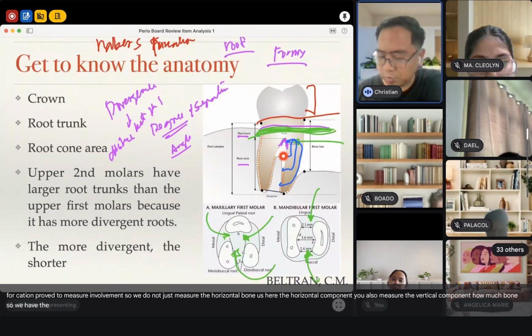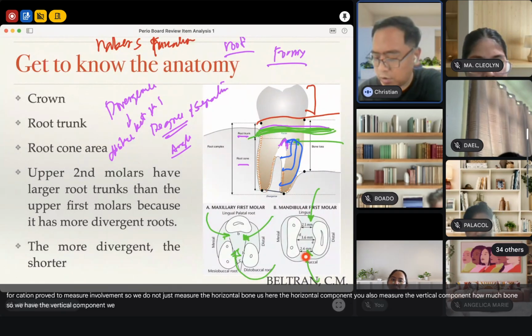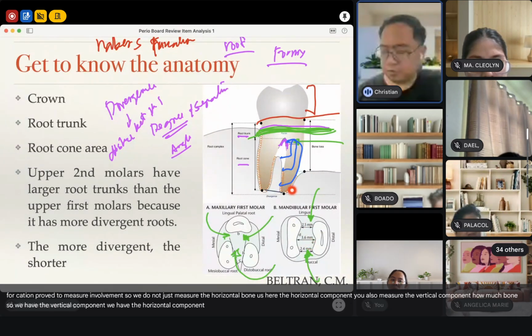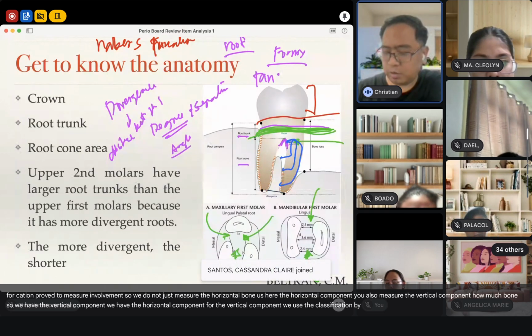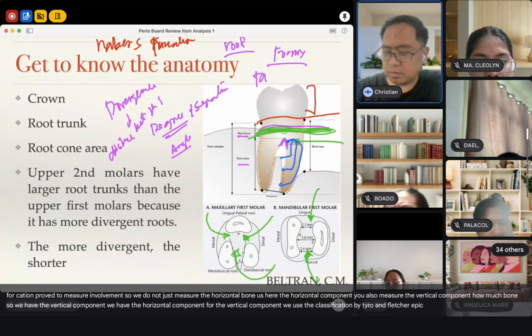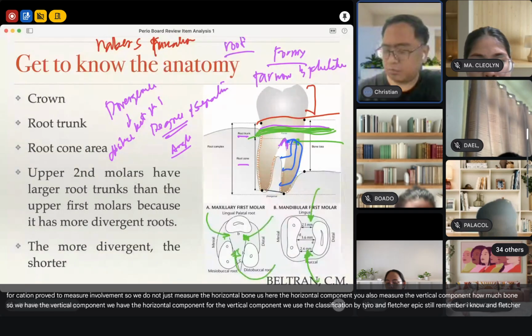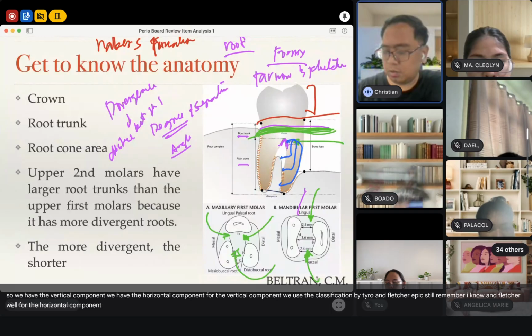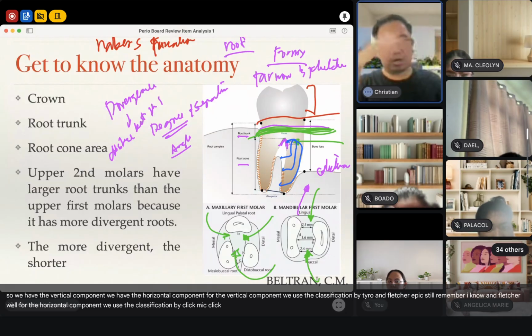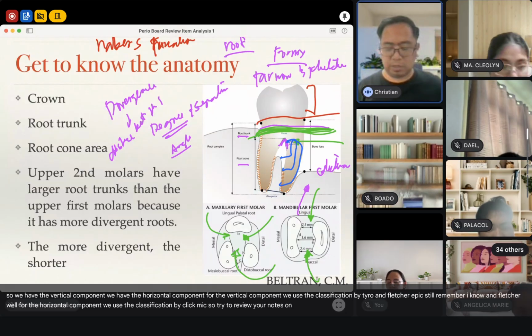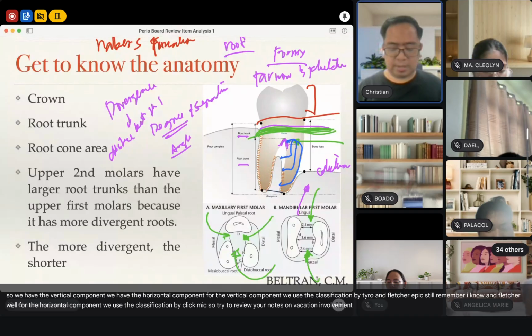So we have the vertical component, we have the horizontal component. For the vertical component, we use the classification by Tarnow and Fletcher, if you still remember. While for the horizontal component, we use the classification by Glickman. Diba? Glickman. So try to review your notes on furcation involvement, right?